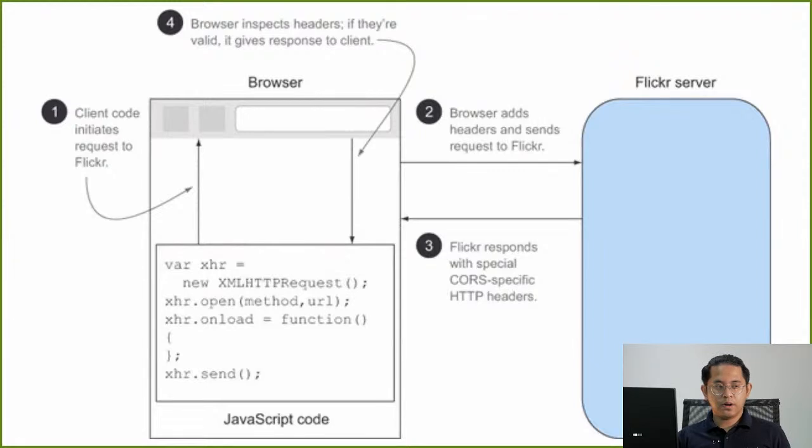For example, you are trying to use the DELETE method. First, the client initiates a request to flickr.com, and then the browser adds headers and sends the request to flickr.com.